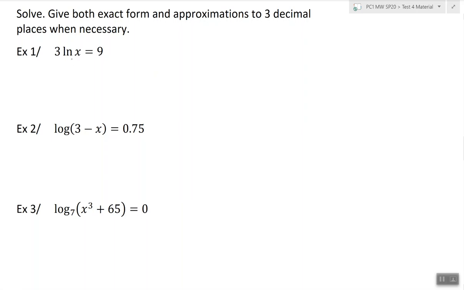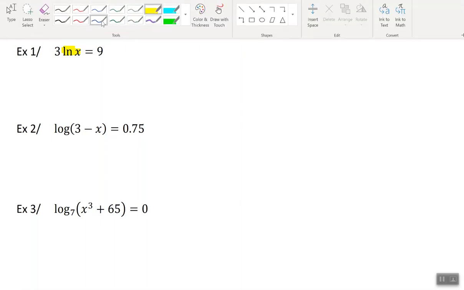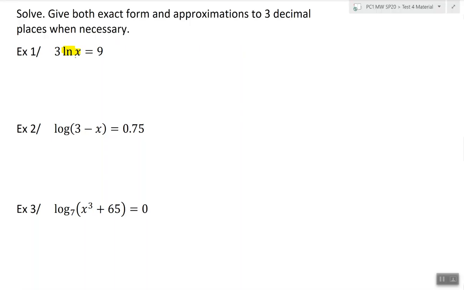We're going to solve these. So we're going to isolate the logarithmic expression, similar to isolating the exponential expression. So first task is to get natural log of x by itself. We do that just by algebra, dividing by 3. So the natural log of x equals 3. And then we change to our exponential form.